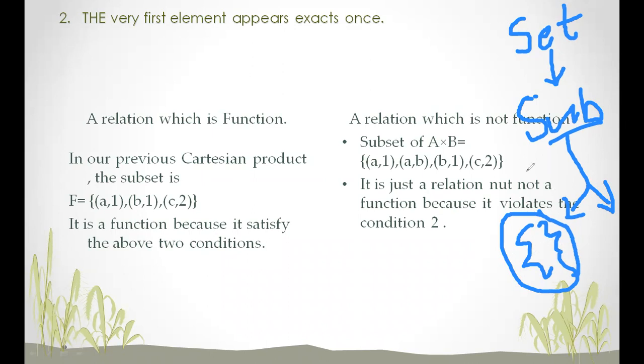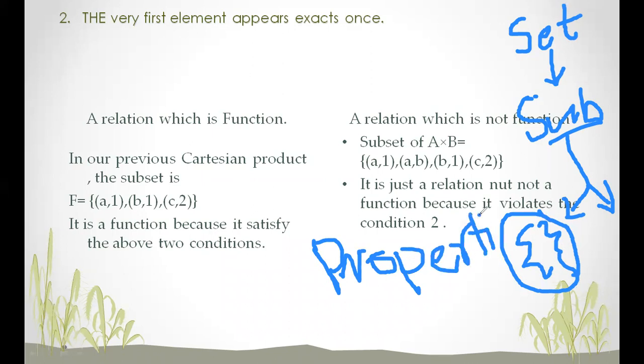So from sets and subsets we saw some properties of sets, and in these properties we learned about the commutative law, associative law, and some basic operations on sets, meaning union, intersection, and all these.